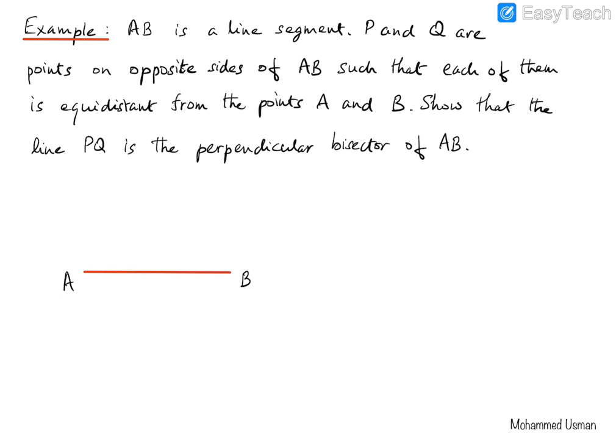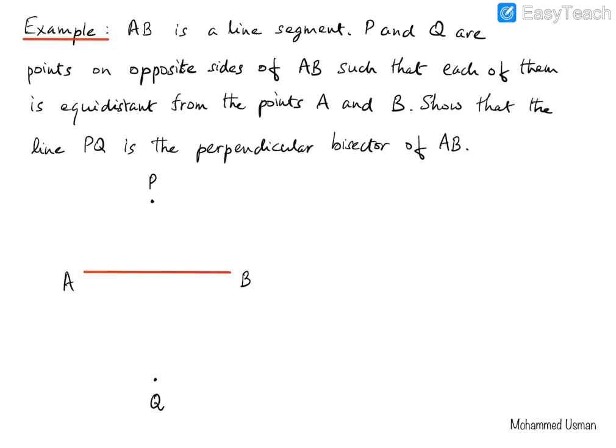I'm marking a point P over here and another point Q over here, and then we will join these points with A and B. So the point on the upper side, let's call it P, and the point on the lower side of AB, we'll call it Q, and we will draw some line segments joining P with A and B and Q also with A and B.